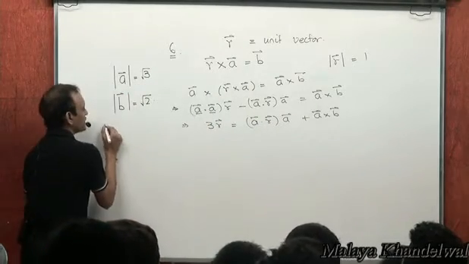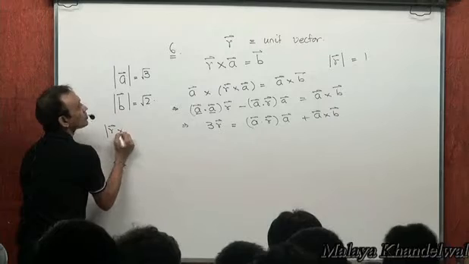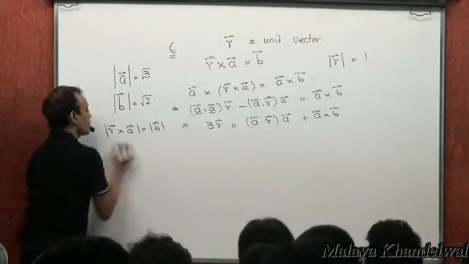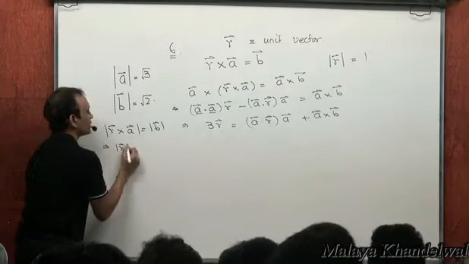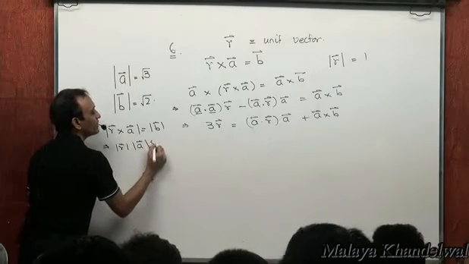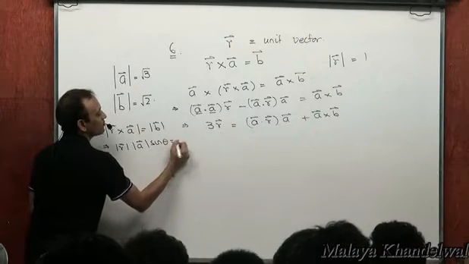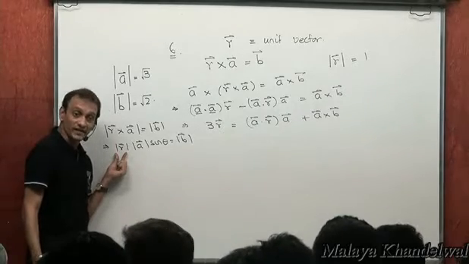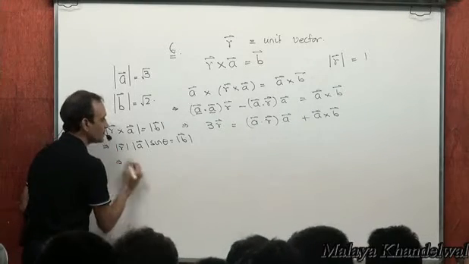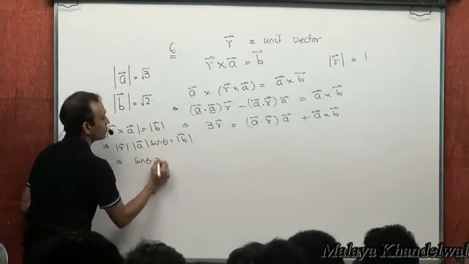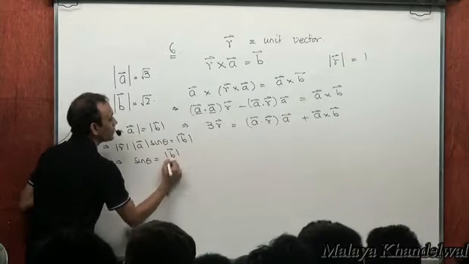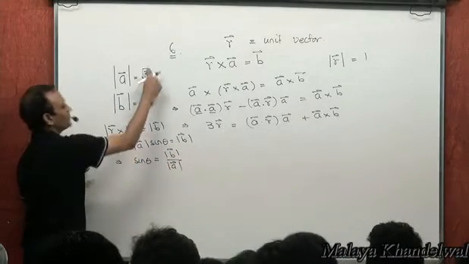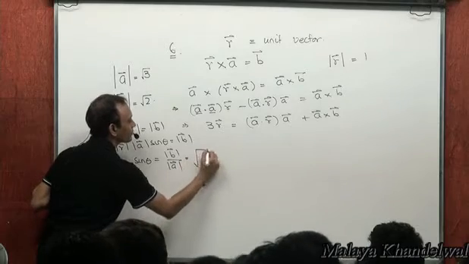The mother equation tells me mod of r cross A is mod of B. Mod of r into mod of A into sine theta is mod of B. And mod of r is 1. Why? It's given, unit vector, right? So that gives me sine theta equal to mod B divided by mod A, that means root of 2 by root 3.